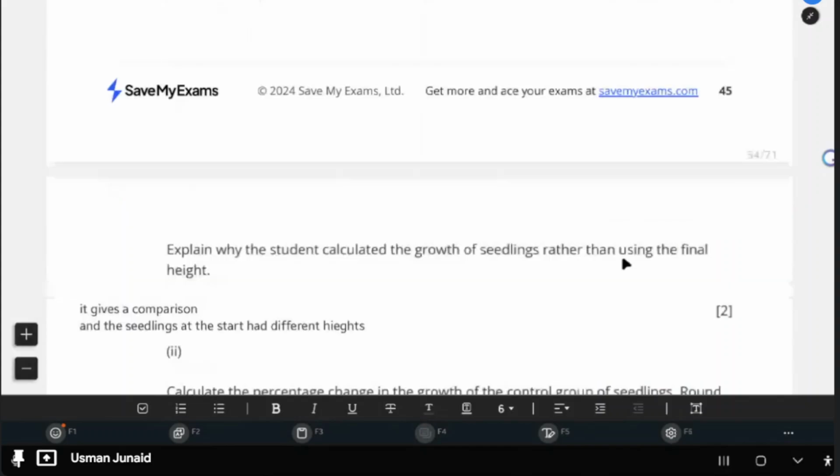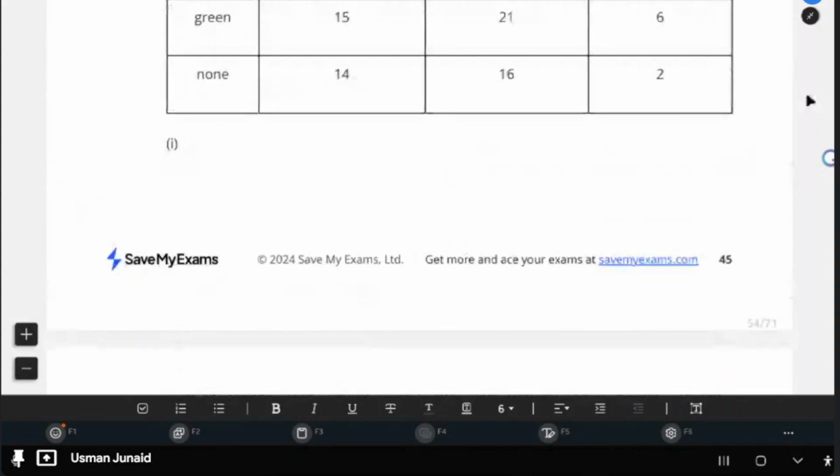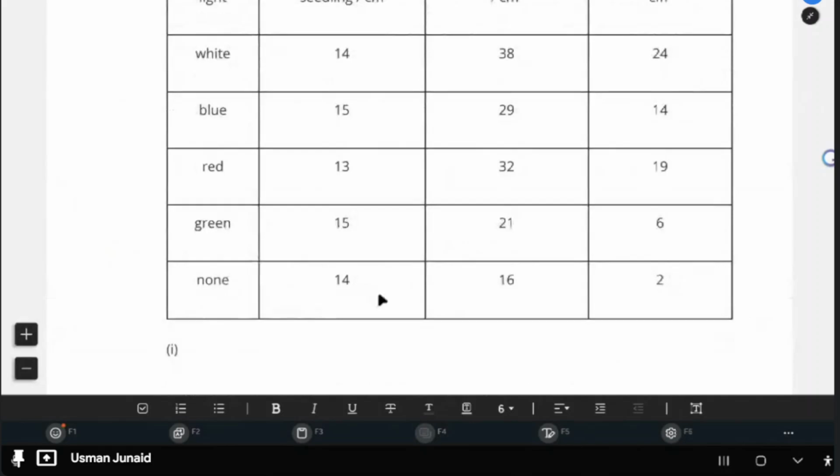Yeah, 2. The growth was 2 centimeters. The initial height was 14.